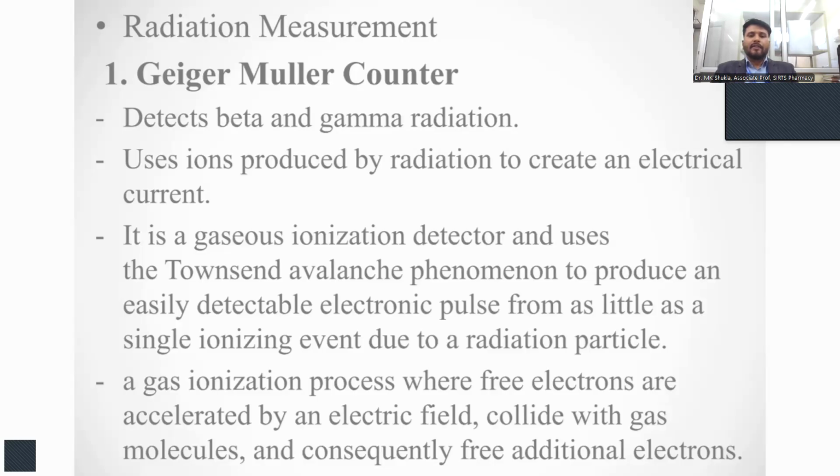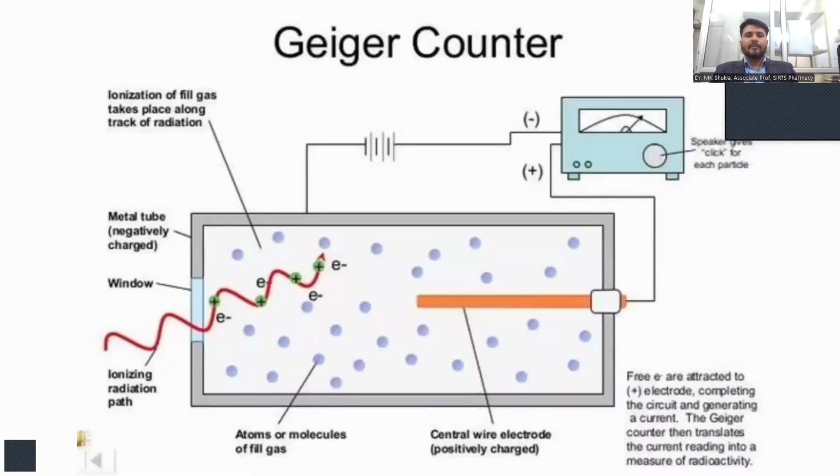It is a gaseous ionization detector and uses the Townsend avalanche phenomenon to produce an easily detectable electronic pulse from as little as a single ionizing event due to a radiation particle. In this gas ionization process, free electrons accelerated by an electric field collide with gas molecules, and consequently free additional electrons are produced. This is the overall Geiger counter process.